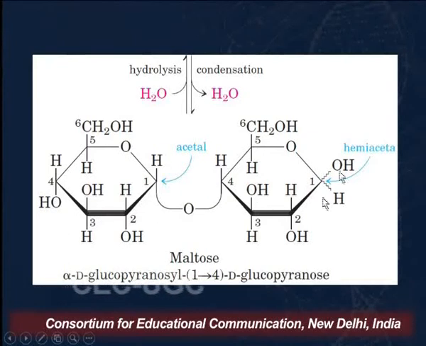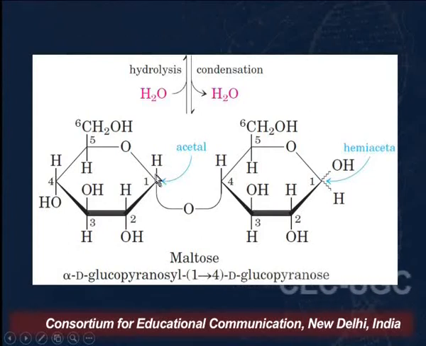Whereas in a hemiacetal group, the anomeric carbon is attached to one ether linkage, one is the OH group, third is the H, and then fourth is the rest of the R group. So this is how you are going to differentiate between an acetal bond and a hemiacetal bond.